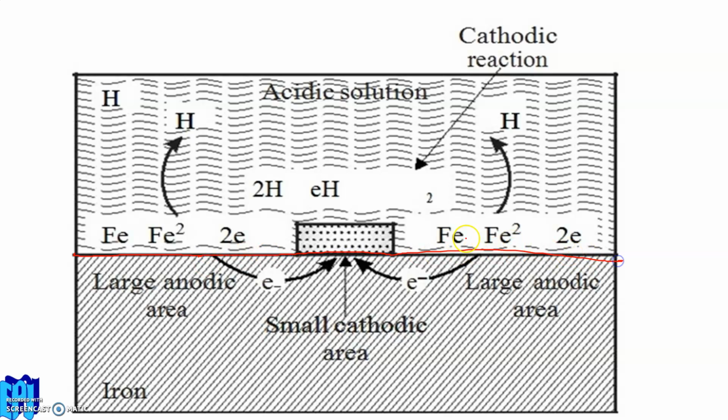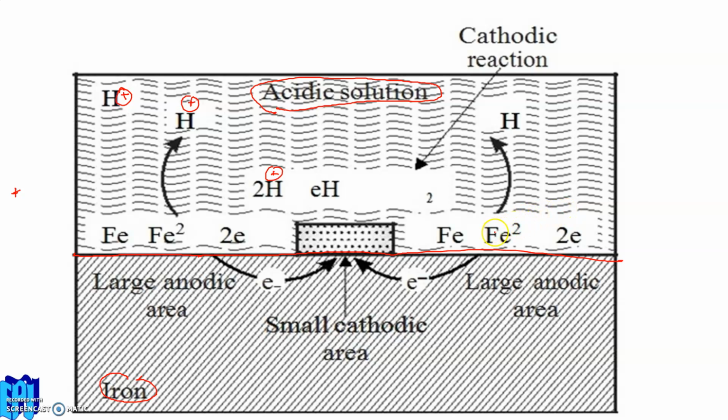You can see that the bottom part is the metal part, this is iron, and the above part is the system or the atmosphere or the acid medium. Here you can see these acid solutions, where some H+ ions are present, dissolved in the water.